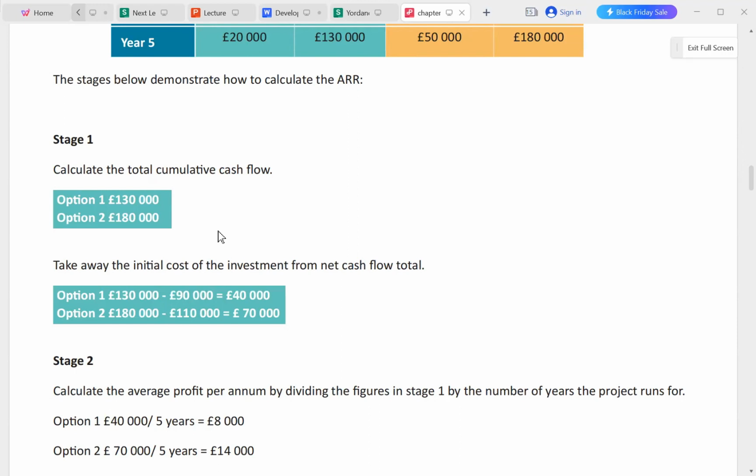Anything that you invest is always negative. So the cumulative at the end of adding all cash flows, minus the initial investment, gives us 40,000. The same for the second scenario, the 110,000 investment: the cumulative minus the initial investment gives us 70,000.